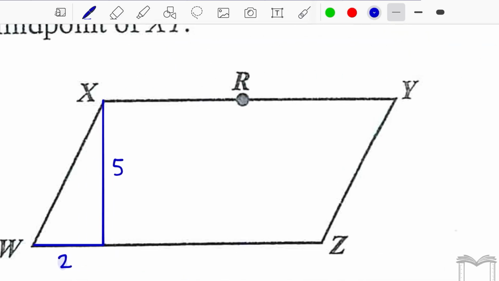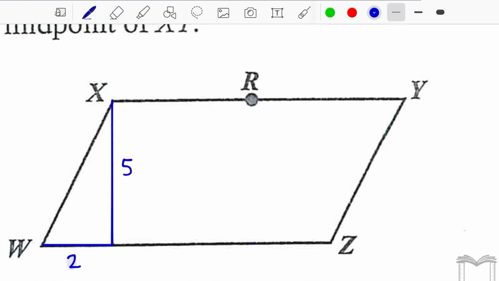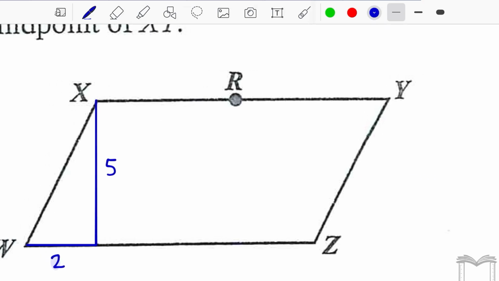We can see that the same thing will be happening when going from Z to Y. We are going 2 units in a positive direction in the x, and then 5 units in a positive direction on the y. So let me draw that over. 2 units x, 2 units y.